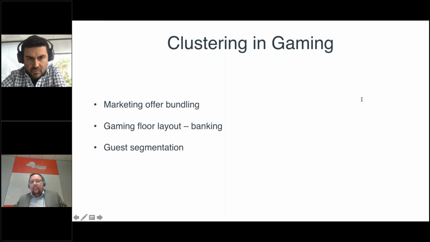So I think these are three big machine learning paradigms: classification, regression, and clustering, and there are examples of how to use all of them to make a gaming business, or really any business, better. What's fortunate about us on the gaming side is that for many years now we've been incredibly good at collecting data, but we haven't always been the best about using that data to improve operations.